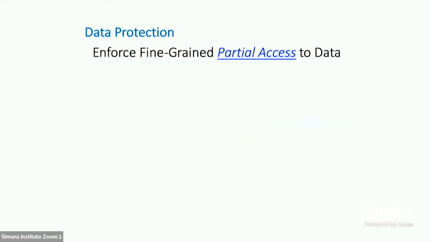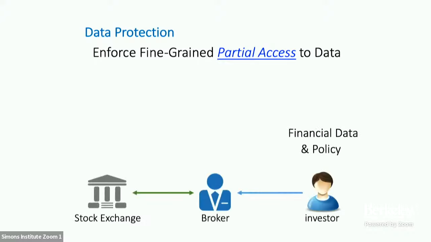Of course, now we get to talk about how, with program obfuscation, we can do new and exciting things way beyond the scope of basic encryption. For example, we can enforce really fine-grained control, partial access to the data. So now let's think that here we have an investor who would like to delegate the job of exchange in the stock market to a broker, but is concerned about giving away their complete financial data.